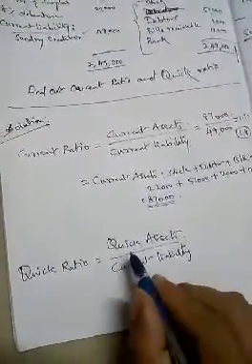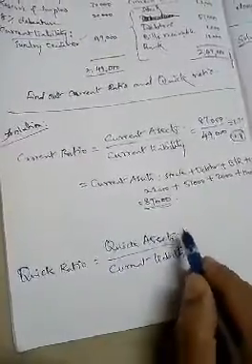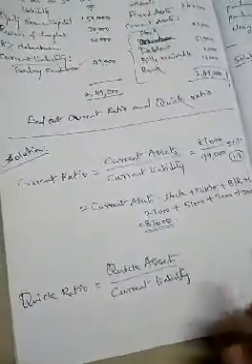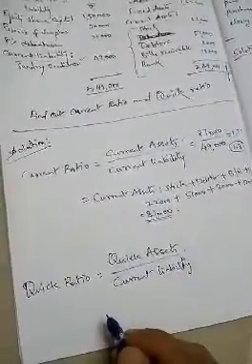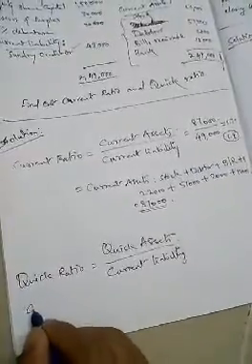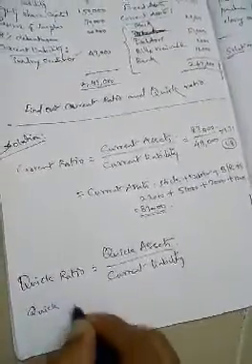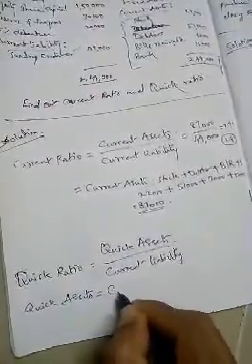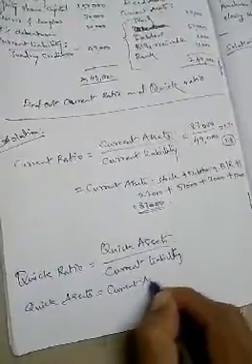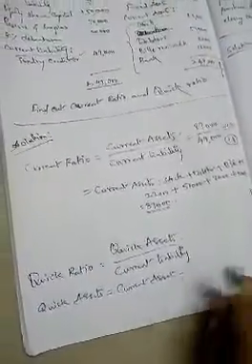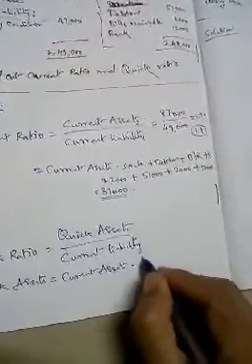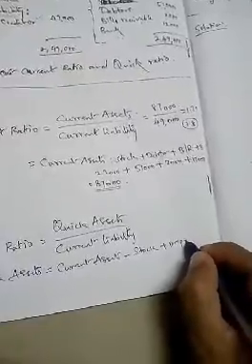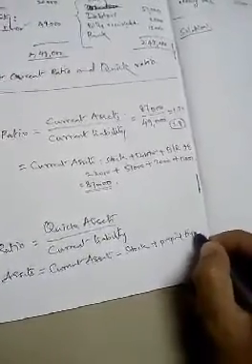Here in the formula you have quick assets. What are the quick assets? I already said in the theoretical part, quick assets equal to current assets minus stock plus prepaid expenses.